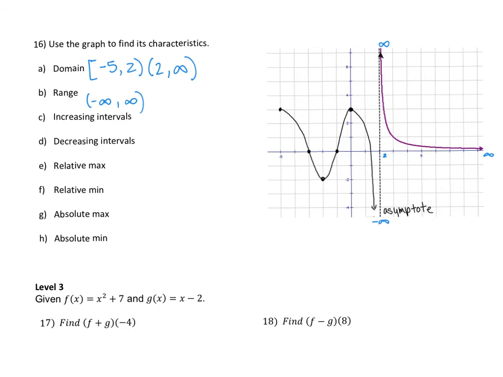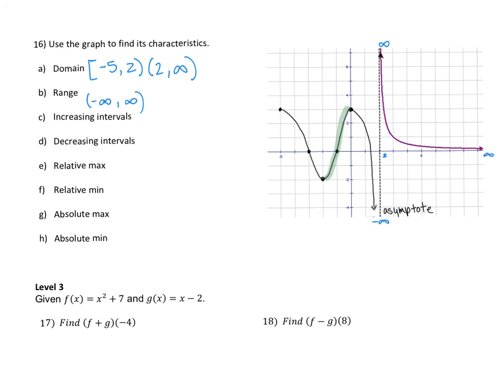Now for the increasing intervals, if you think of this as a roller coaster, increasing is when it's going up. So this part here, let me see if I can grab a pen, would be increasing. I don't see any other parts of the curve that are increasing, because the rest looks like decreasing, decreasing, decreasing.